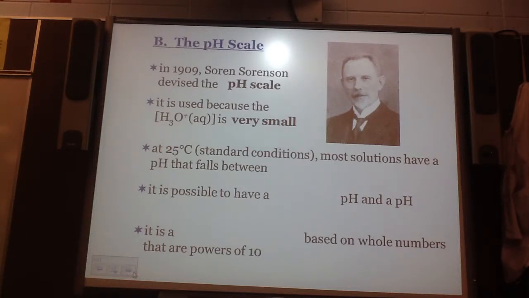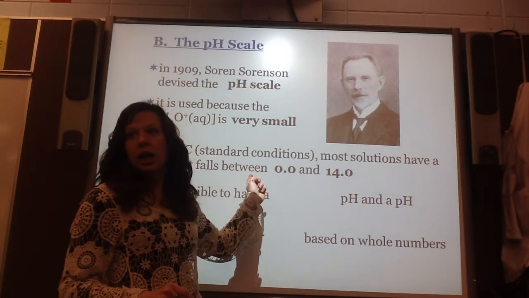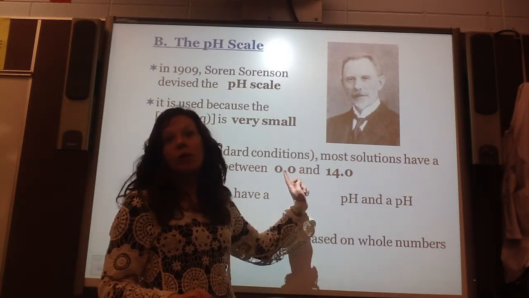So at 25 degrees Celsius, most solutions have a pH that falls between 0 and 14. Now, the pH scale can go above 14 and it can go below 0. Did you know that? There are things that are more basic than this and more acidic than this. But most fall within this scale. That's why we always draw it like that.